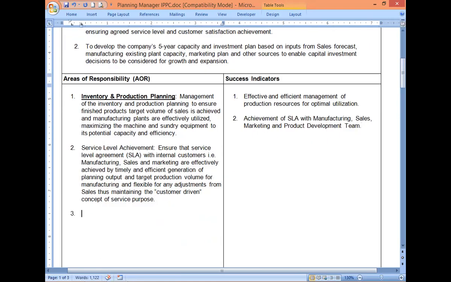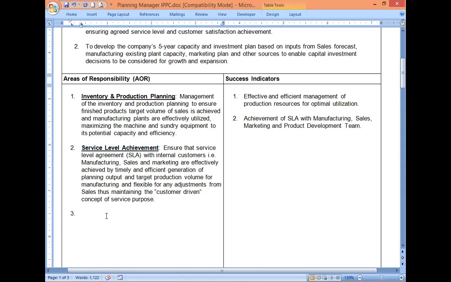I think I can write maybe 6 or 8 or 9. 9 AOR for this. I forgot to put it. I want to make it clear. This is like the title, no? So control B, control U, underline and bold.